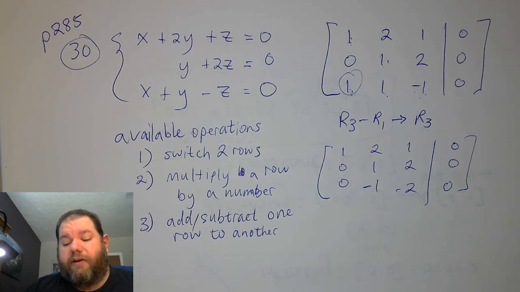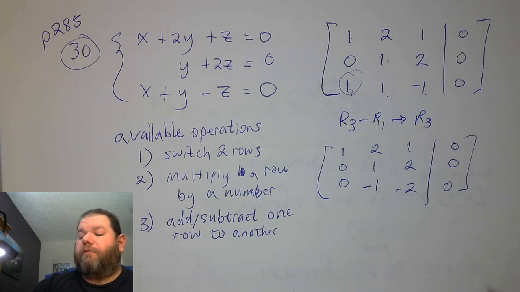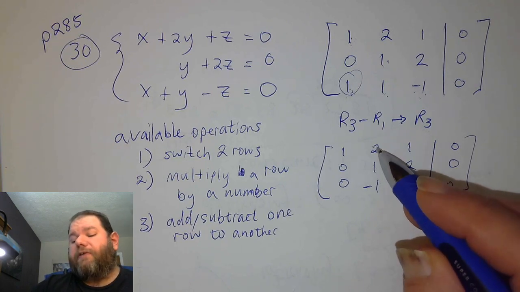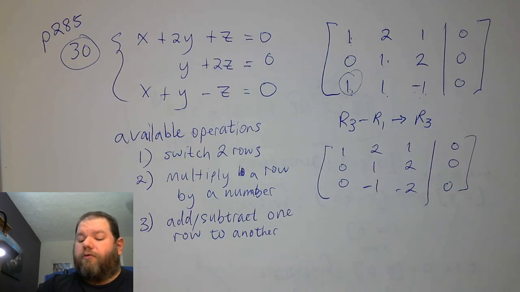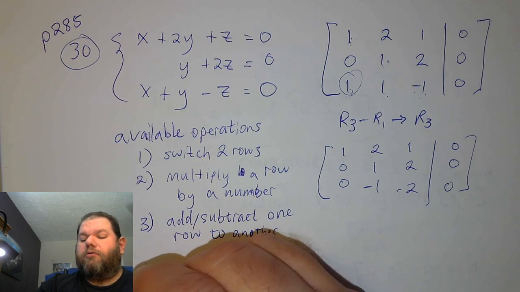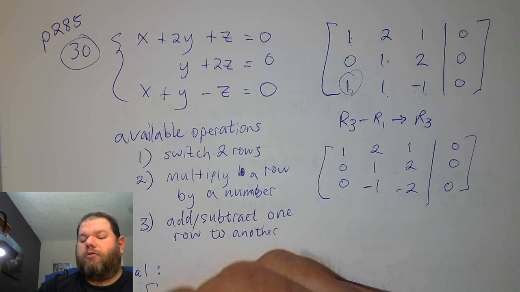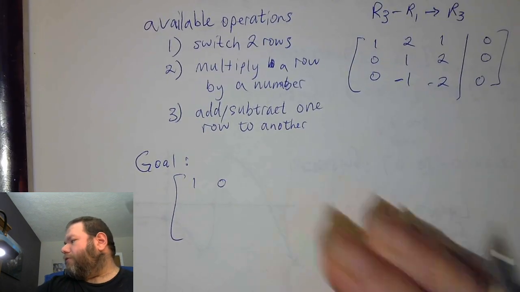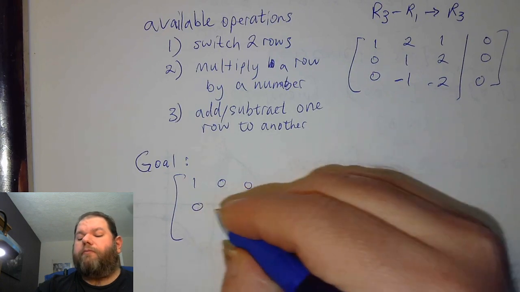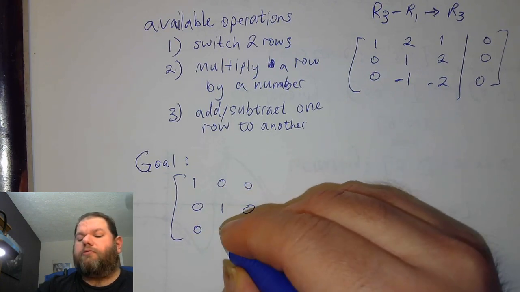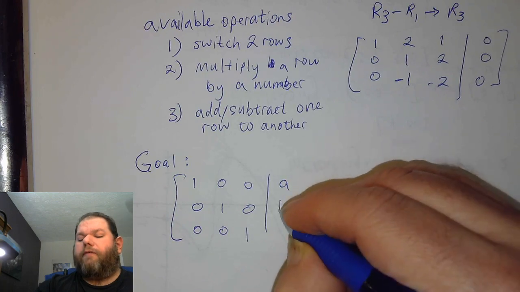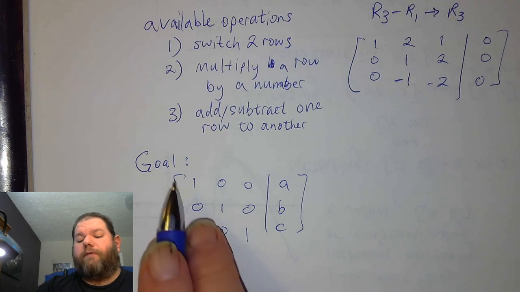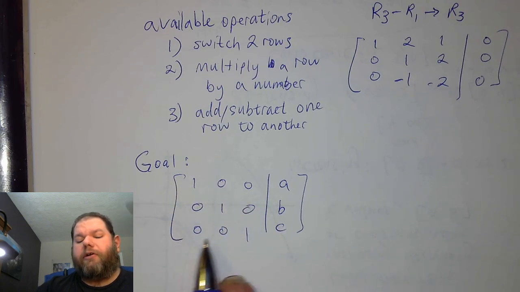Now, the second column we want to be 0, 1, 0. Because our goal is to get to the point where we have an expression such as this, where we reduce the left-hand side, where we just have 1s on the diagonal and 0s everywhere else.